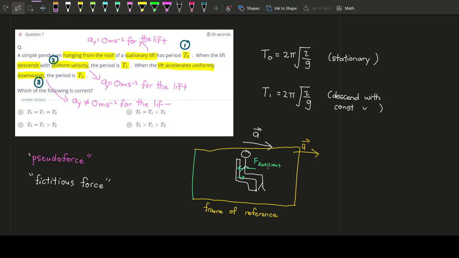Okay, and the fictitious force is always opposite to the direction of acceleration of the reference frame, of the frame of reference.